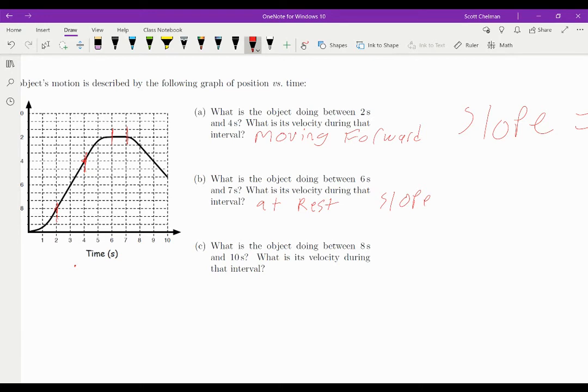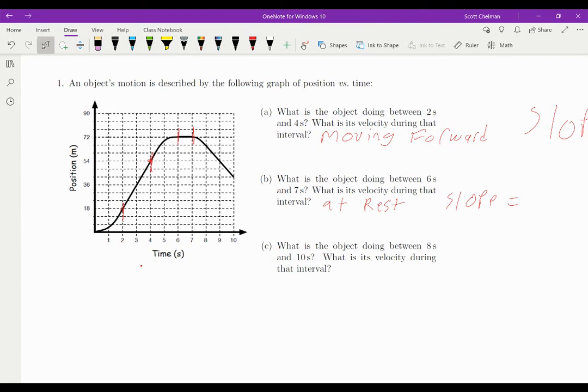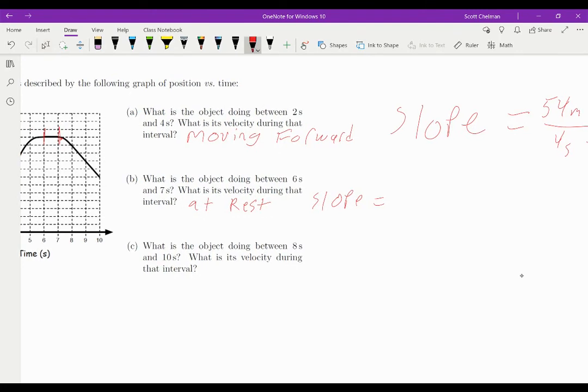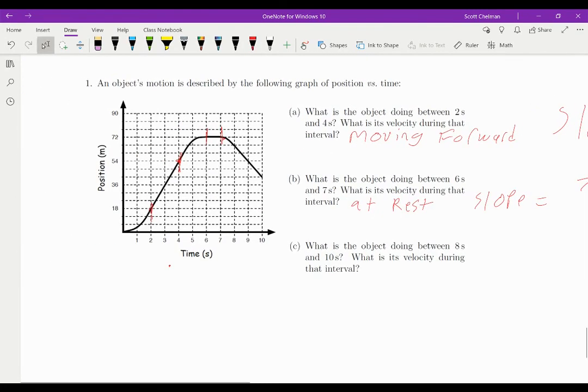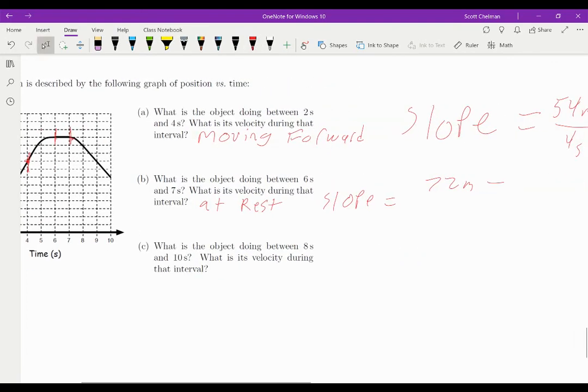0 if it's at rest, right? But let's prove to ourselves that that's the case. So at y2, so that would be 7 seconds, it's going to be 72 meters. And at y1, it's also 72 meters.